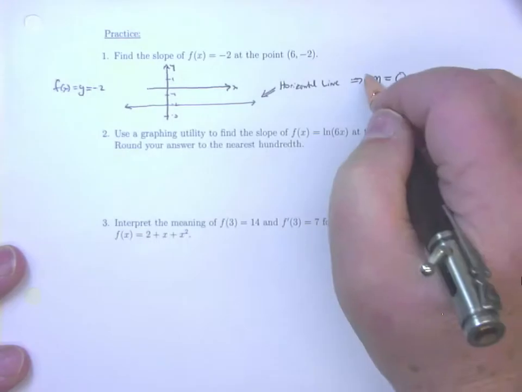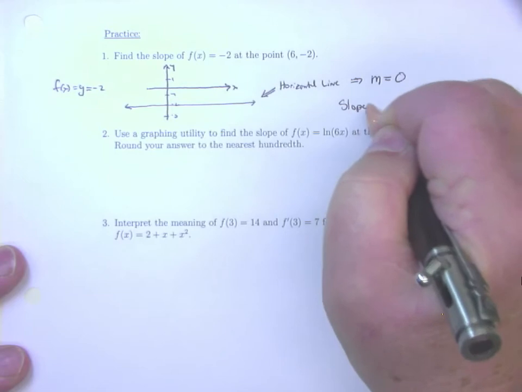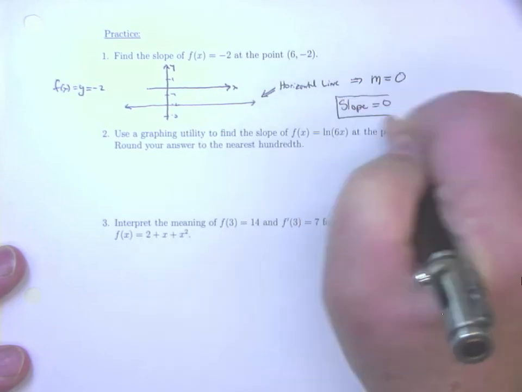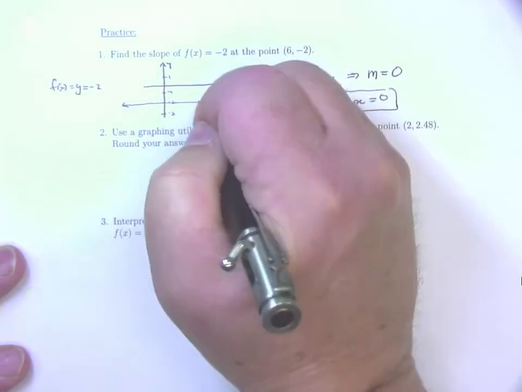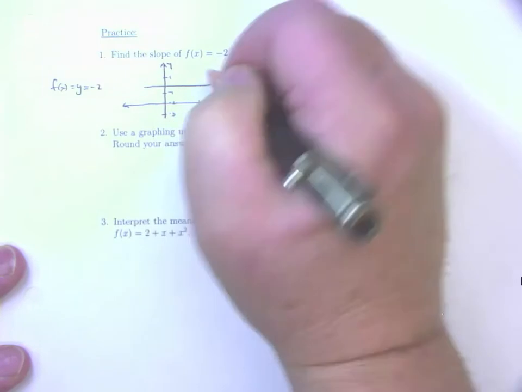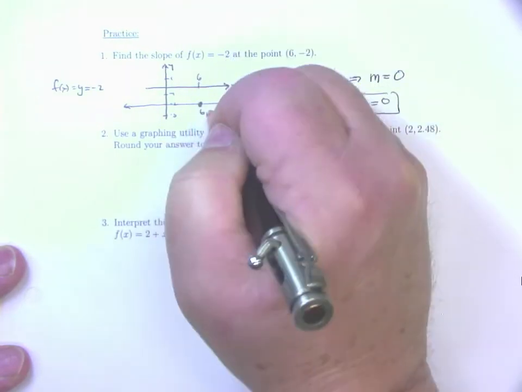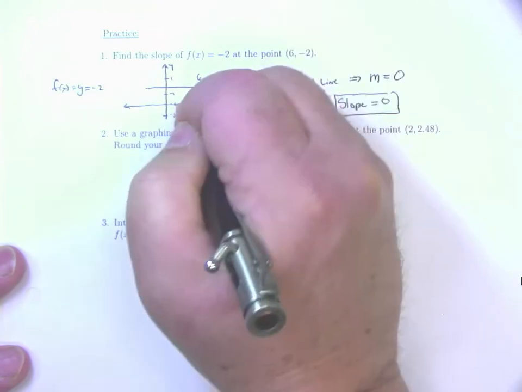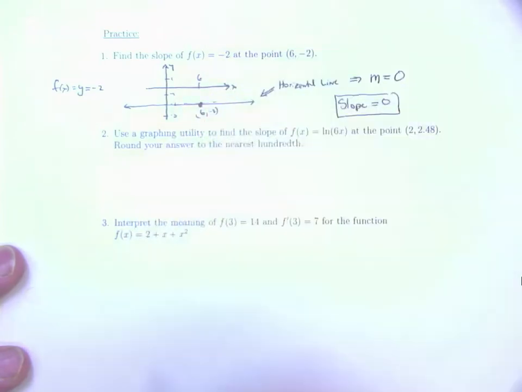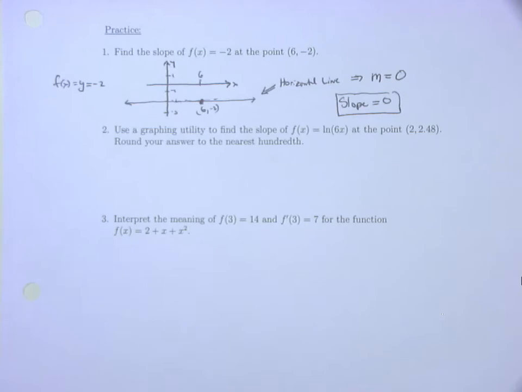So the answer is the slope equals 0. And it doesn't matter what point you're at. Here's the point (6, -2). There's my point right there. It doesn't matter what point you pick on this thing. The slope at that point, or any point on this line, is going to be 0 because it's a horizontal line.